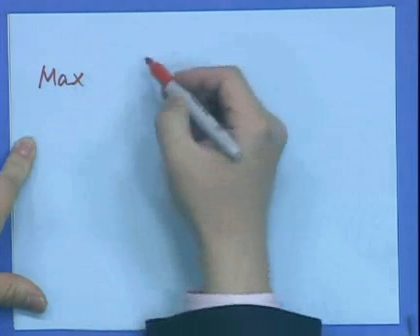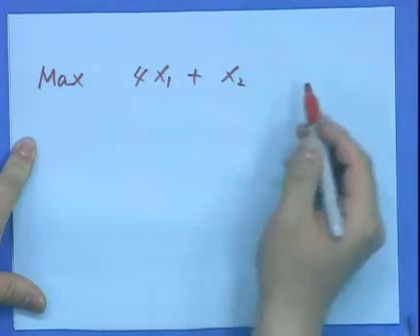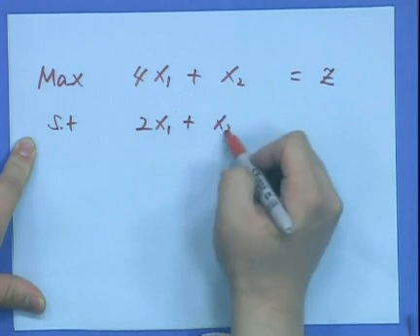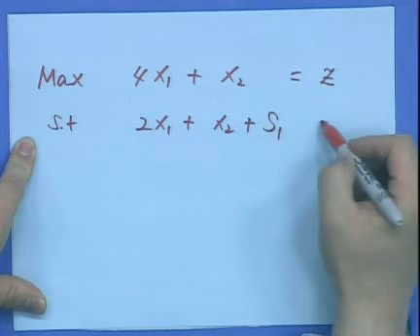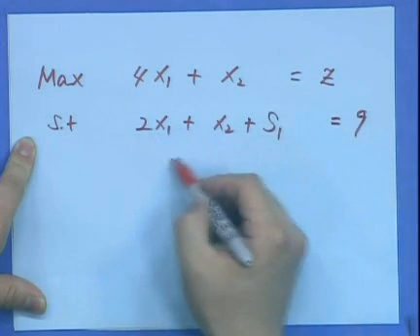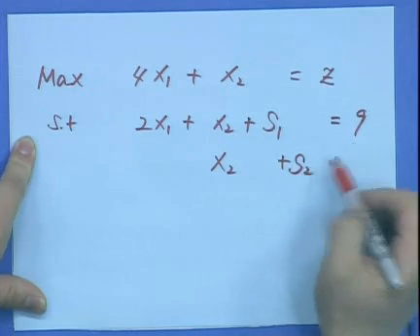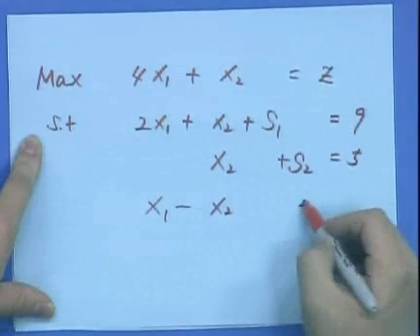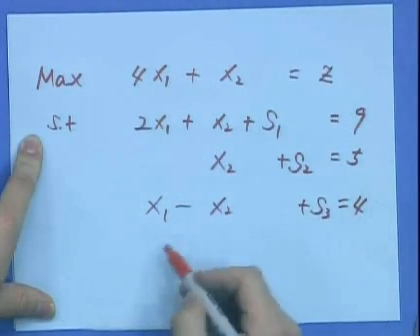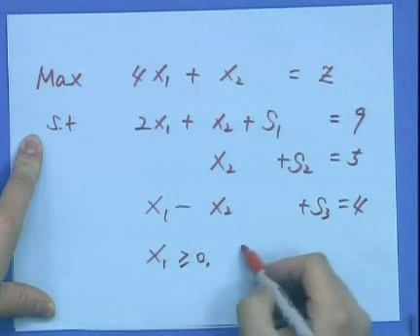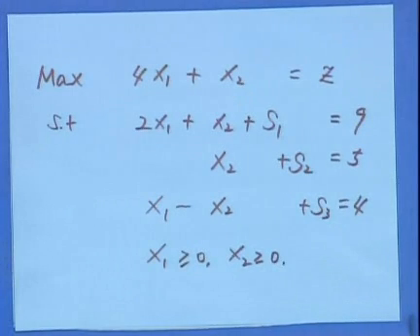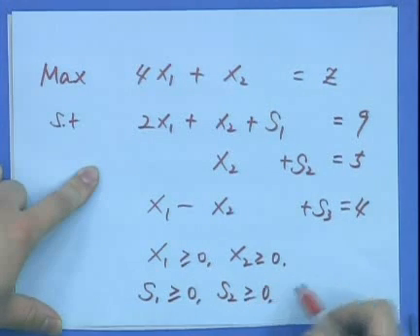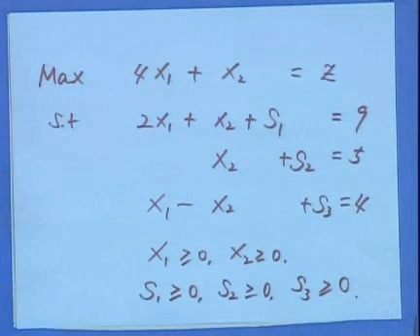So it becomes maximize 4x1 plus x2 equals g, subject to 2x1 plus x2 plus s1 becomes 9, and x2 plus s2 becomes 5, x1 minus x2 plus s3 becomes 4, and x1 is greater than or equal to 0, x2 is greater than or equal to 0, and all the slack variables s1, s2 and s3 are greater than or equal to 0, right?